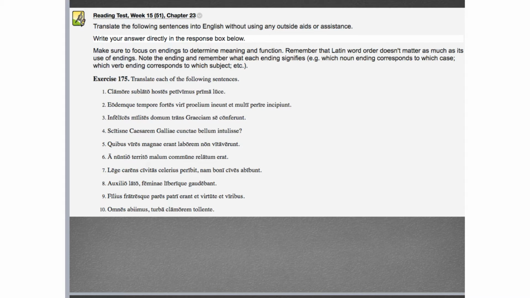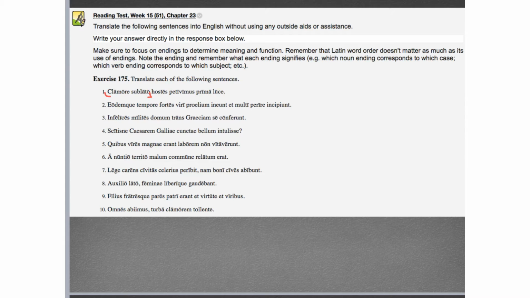Translating the sentences into English, I'll do a couple for you. All right, so remember to read right through the sentence, make some notes. Clamor sublato, hostes petivimus prima luce. All right, couple things to note. Clamor and sublato, both ablative. They go together. All right, hostes.